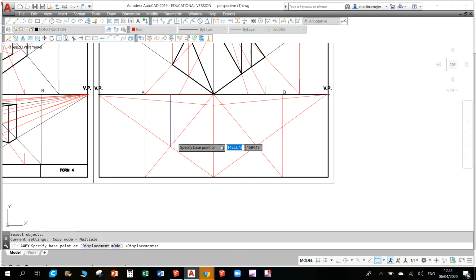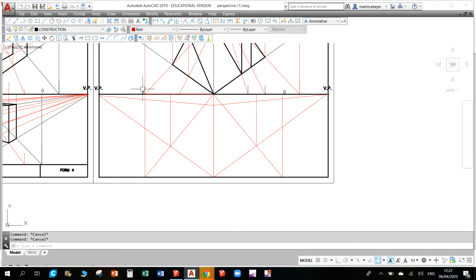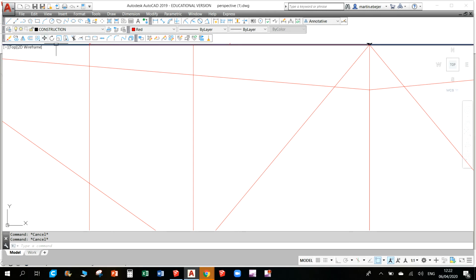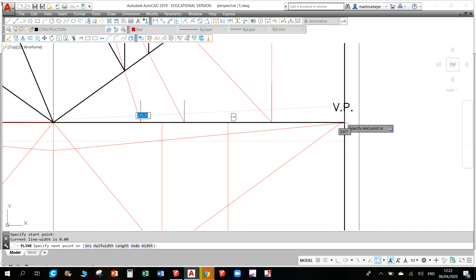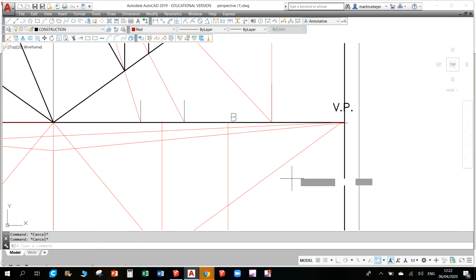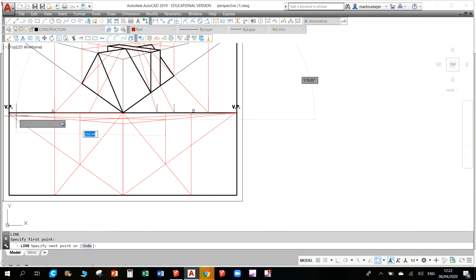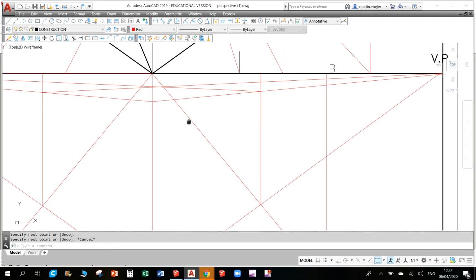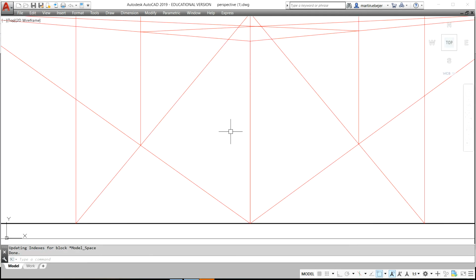I have one there, and I have one over there. From here, I'm gonna join to the vanishing point, and from here to the other vanishing point to create the cube. So this is the cube in perspective.